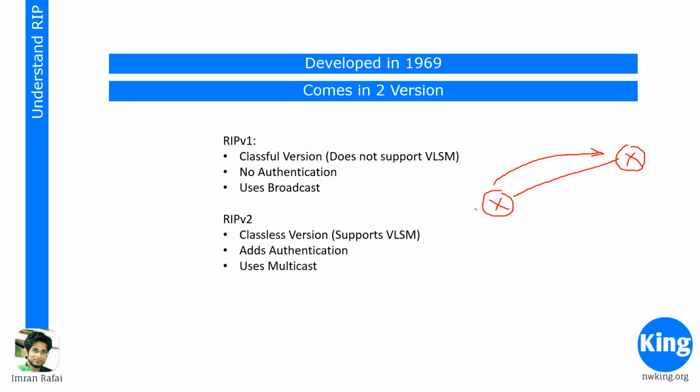Let's say this is connected to the 10 dot network, and this is the 20 dot network, and this one is connected to the 30 dot network. If RIP is enabled on both devices, let's call this router 1 and this router 2.